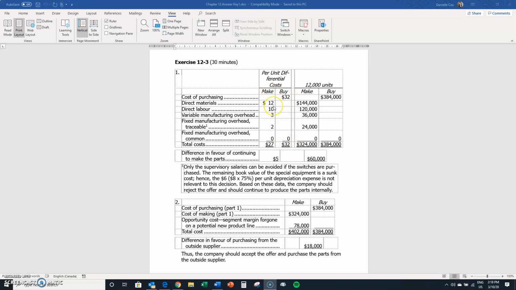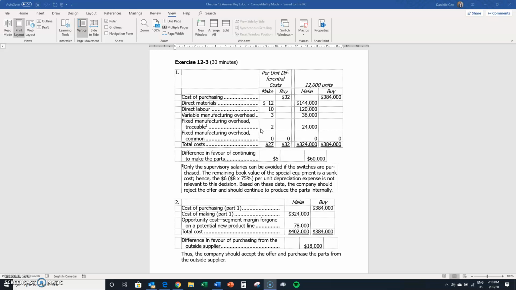If we make, like I just said, we're going to incur $12 for direct materials, $10 for direct labor, $3 for variable manufacturing overhead. Of that original $8 in traceable fixed manufacturing overhead, 25% was for salaries, so that's $2. The remaining $6 was depreciation, which we said wasn't going to come into play.